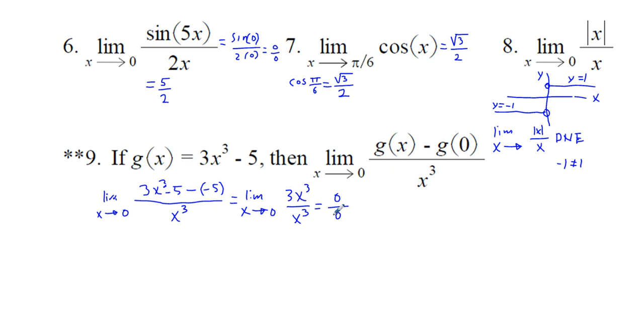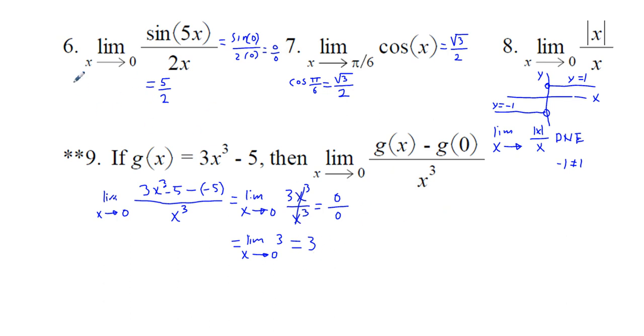But fortunately, the x cubed over x cubed will cancel each other. So we're going to have the limit as x approaches 0 of 3. What we have left is 3. So we plug in 0 for x. We don't have an x here. Our answer is going to be 3. So that's going to be our answer to problem 9.